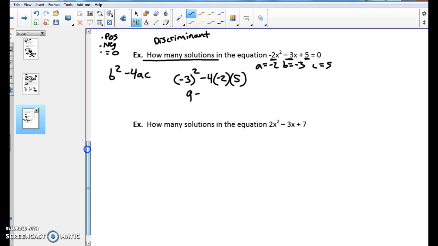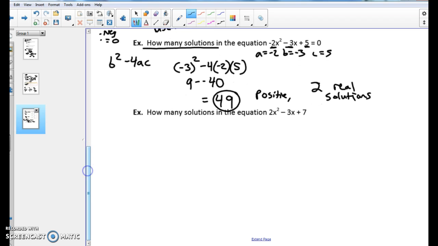Negative 8 times 5 is negative 40. 9 minus negative 40 is 49. Now again, who cares about 49? The fact here is that it's positive. Okay, so since it's positive, that means we have two real solutions.